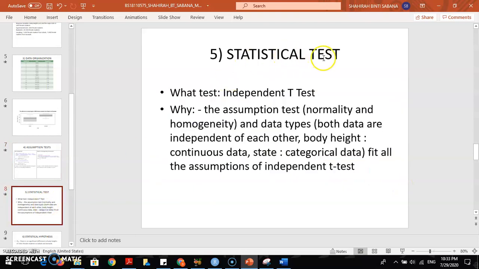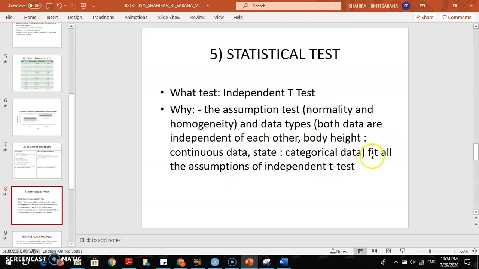So I continued to introduce the suitable statistical test. I chose the independent t-test because of the assumption tests, the normality and homogeneity, and the data types, meaning that both data are independent of each other, and the body heights are continuous data, while the state is categorical data.